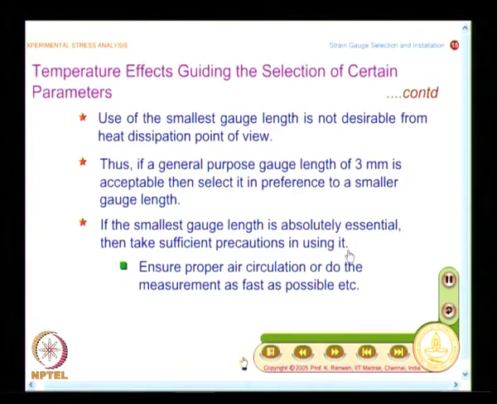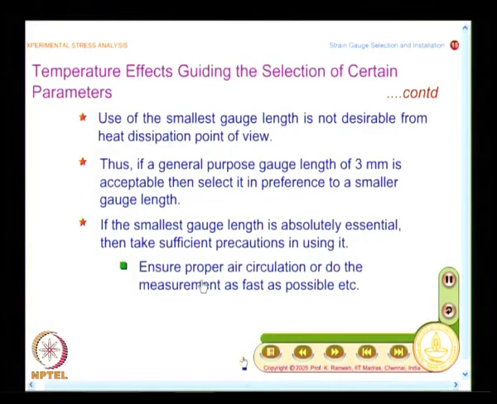You need to know the drawbacks when you use the smallest gauge length, and you need to take extra precautions to avoid problems due to heat generation or dissipation. So, the idea here is to ensure proper air circulation or do the measurement as fast as possible, etc. Because if the measurement is done quickly, then temperature effects would not be that significant.